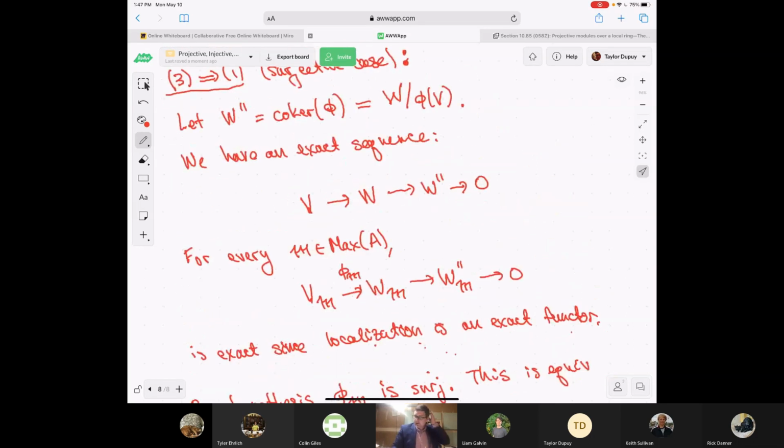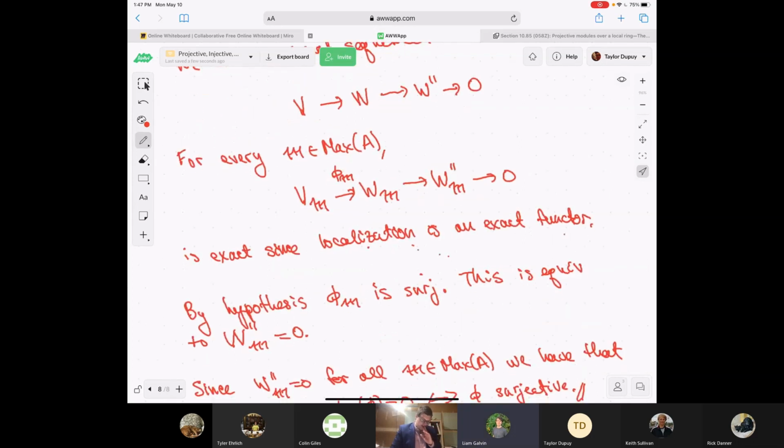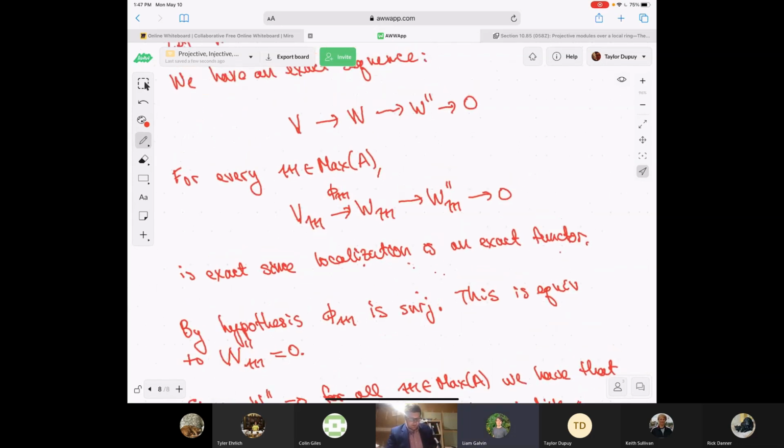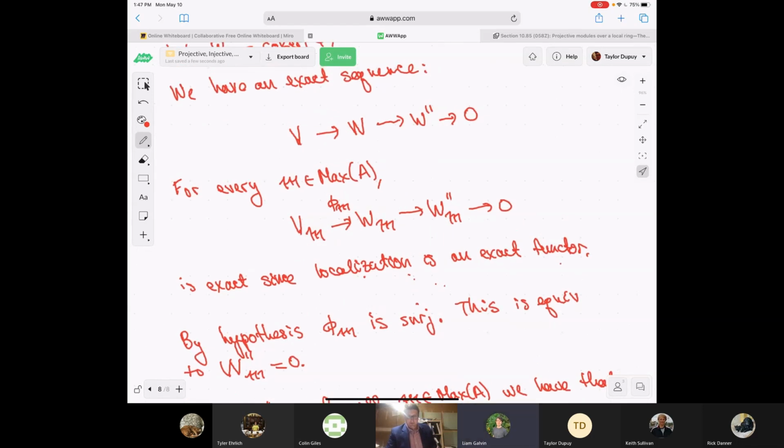Does that make sense? Kind of the strategy. Where do we use the maximality of the ideals we're localizing at? In the hypothesis, as opposed to using a prime ideal as well. This is a weaker condition, so this is a stronger statement.